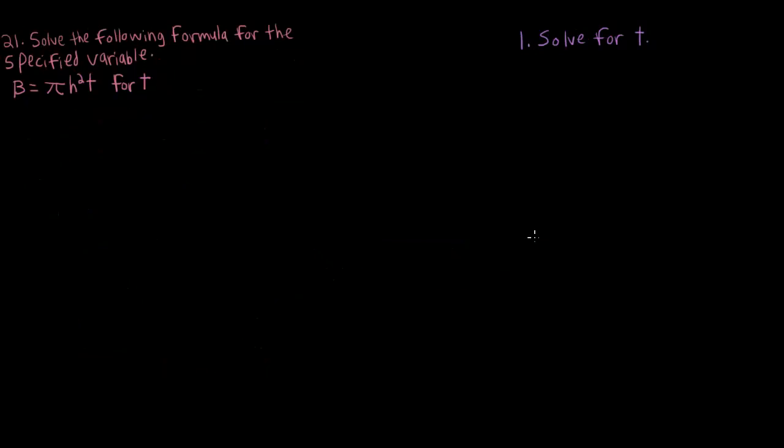21. Solve the following formula for the specified variable. B equals pi h squared t for t. Step 1. Solve for t. Just trying to solve for t. Let's rewrite the original problem. B equals pi h squared t. To get t by itself, we just want to divide pi h squared on both sides.